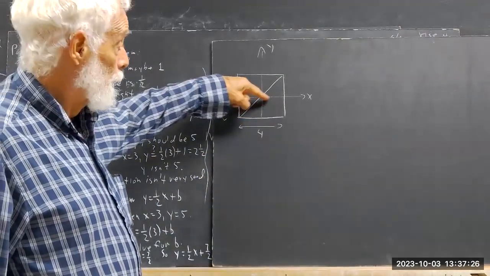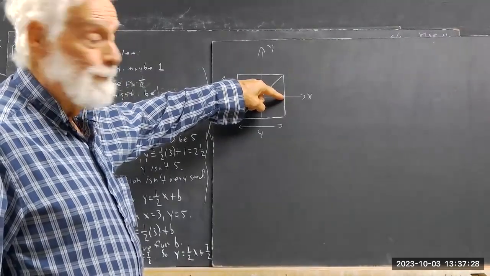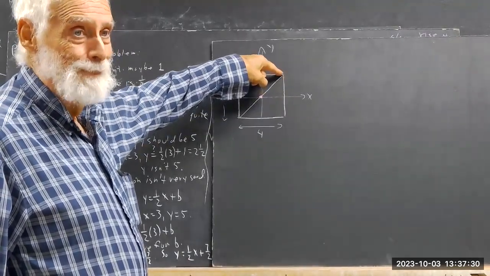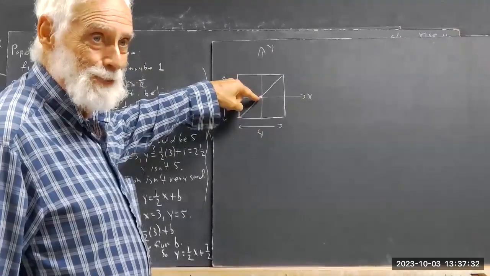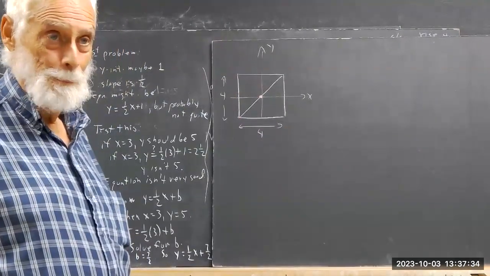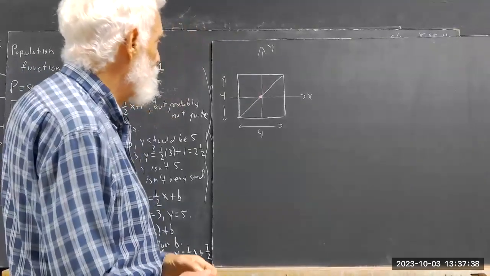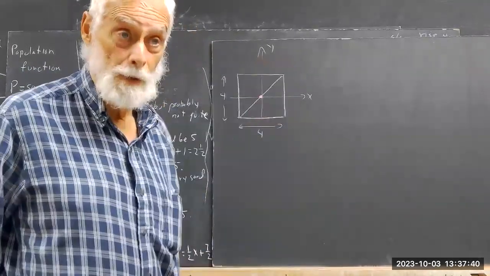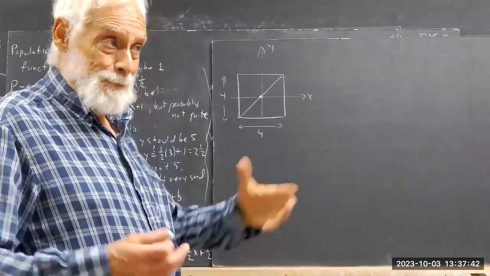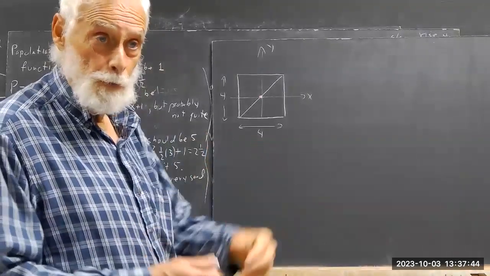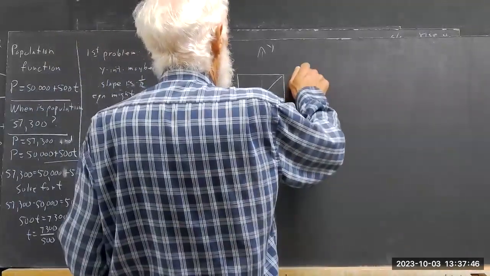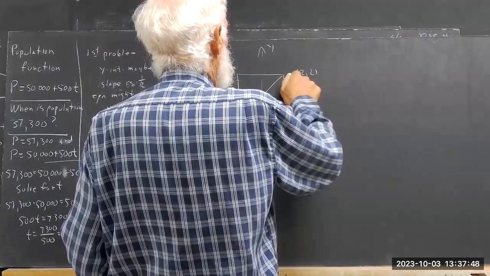How far do you have to go over here? 2. How far do you have to go up? 2. It's not 4 because the origin's here in the middle of the square. When you go half the square over and half the square up. It's a 4 by 4 square, so you go 2 over and 2 up. So this point is 2, 2.